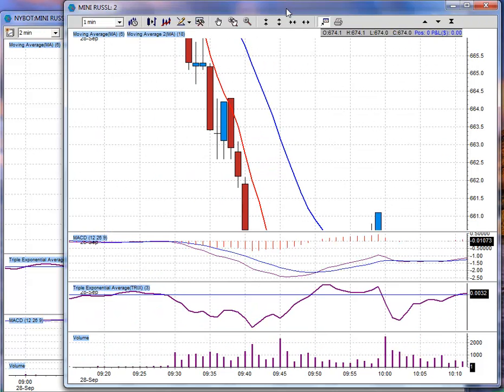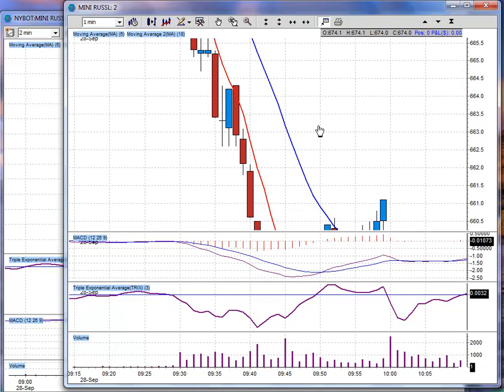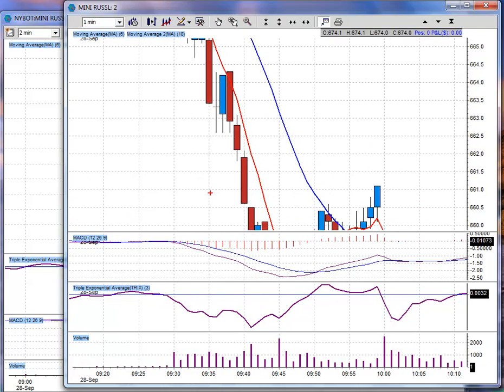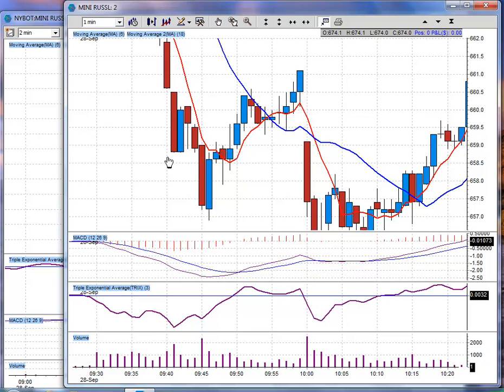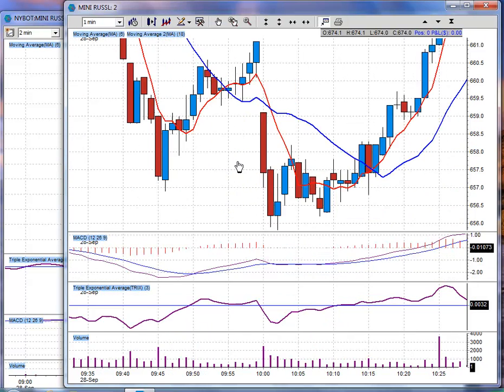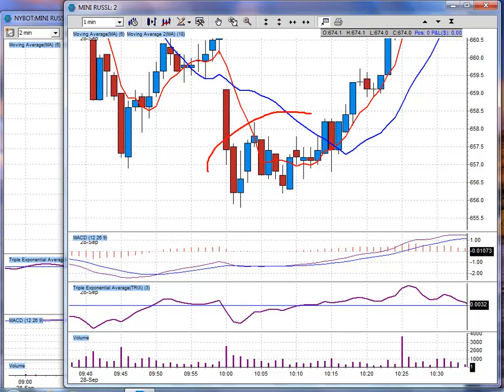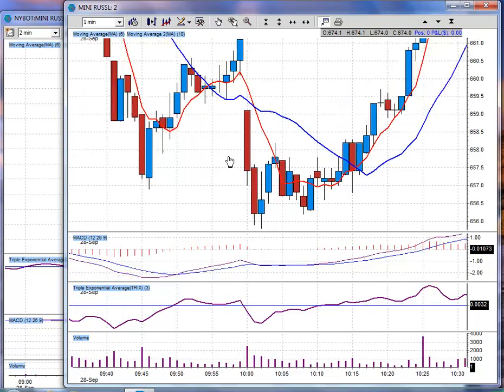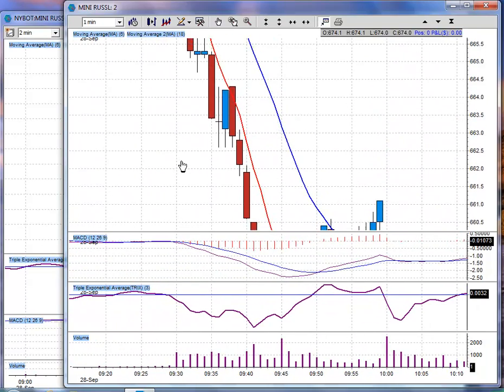Now I just want to be clear with that because it's tempting to use a 1-minute chart and you find yourself starting to take signals solely off of the 1-minute chart. Well, the 1-minute chart tends to be a noisier chart. Look how ugly this is, how back and forth. So the 1-minute chart shows a lot more of that back and forth movement.